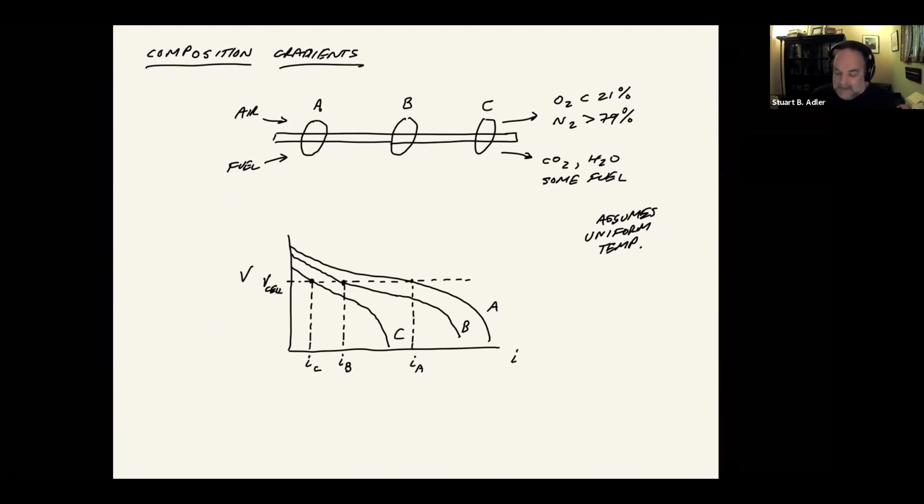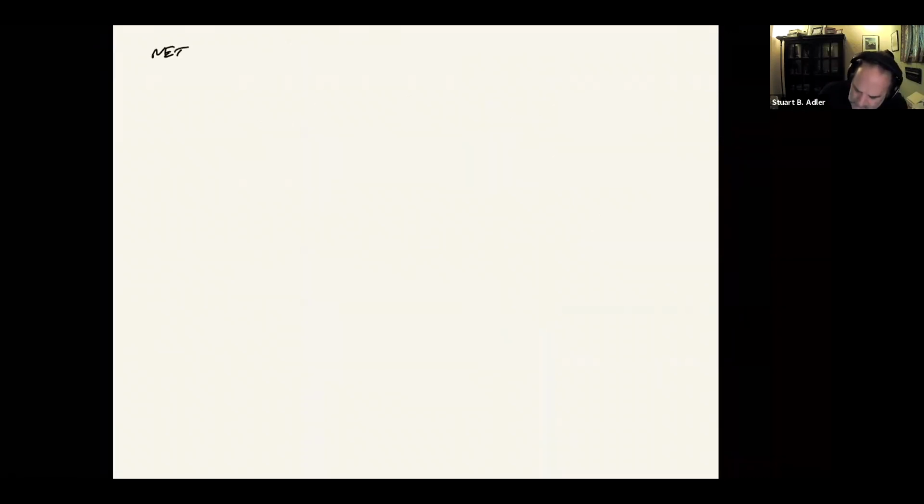And so if we take everything into consideration, both composition gradients and temperature gradients, we can expect some type of fairly complex current density distribution, where you get something that's not uniform and tends to be higher in the middle and less toward the end.